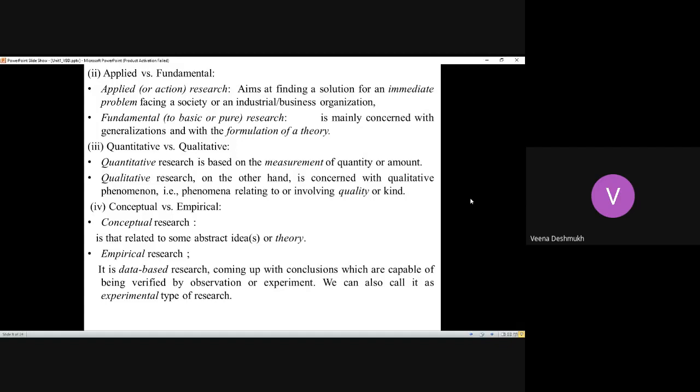Empirical research is when you carry it out on a population or a mass. The exit poll prediction I mentioned, no? That is data based. So I am collecting some data, then arriving at a generalized solution, not a specific solution. I cannot have an equation like, okay, this is applicable here, so in the other country also the same equation holds good.